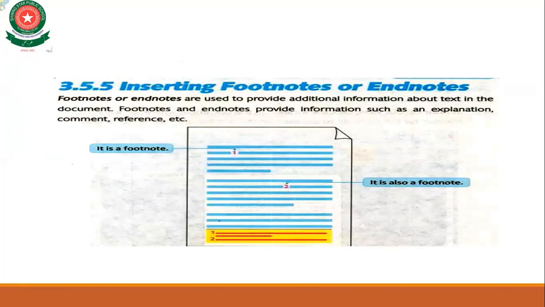Footnotes or endnotes are used to provide additional information about text in the document. What is the purpose of footnotes and endnotes? These are used to provide additional information about text in the document.